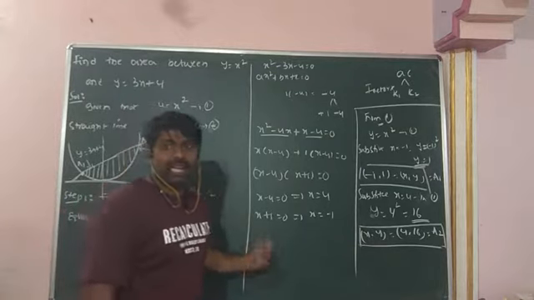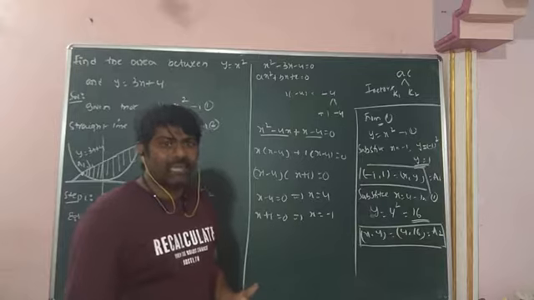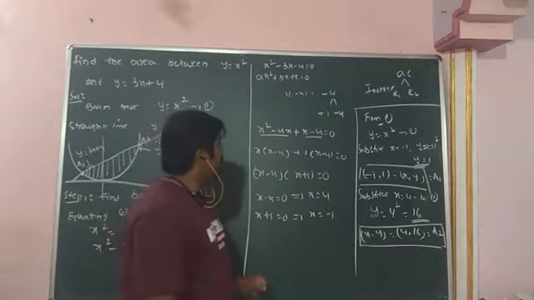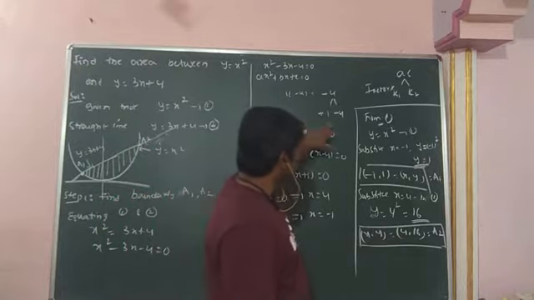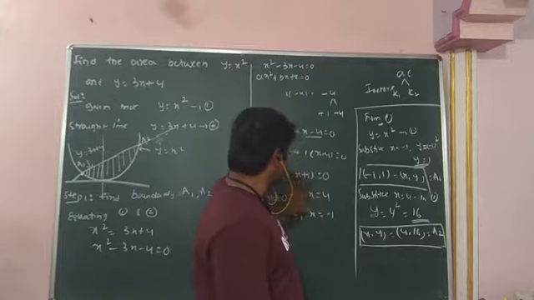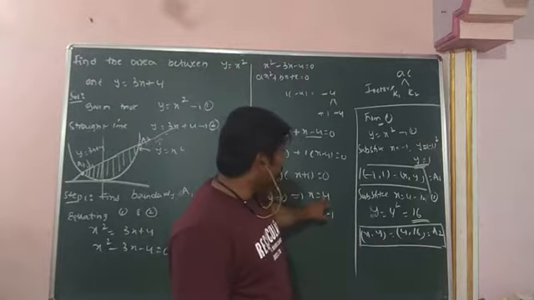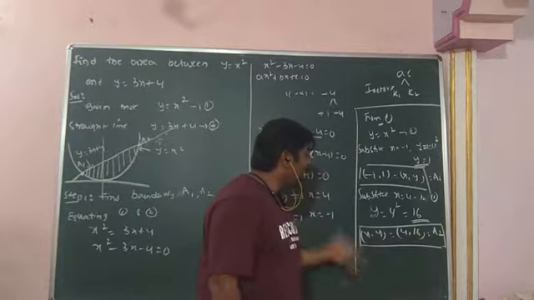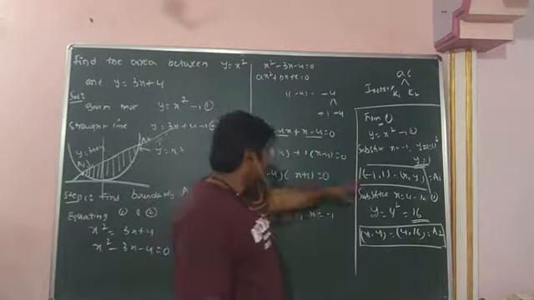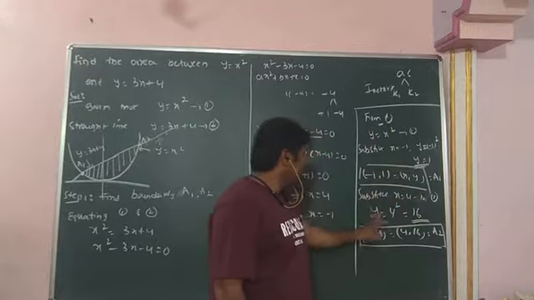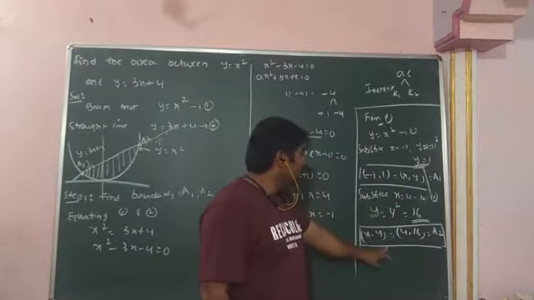We apply the formula, minus b plus or minus root of b square minus 4ac by 2a, or by the shortcut method we find x and y. So what are the x values? Minus 1 comma 4. From these we find the y values. If x equal to minus 1, then y is equal to 1. If x equal to 4, then y is equal to 16.